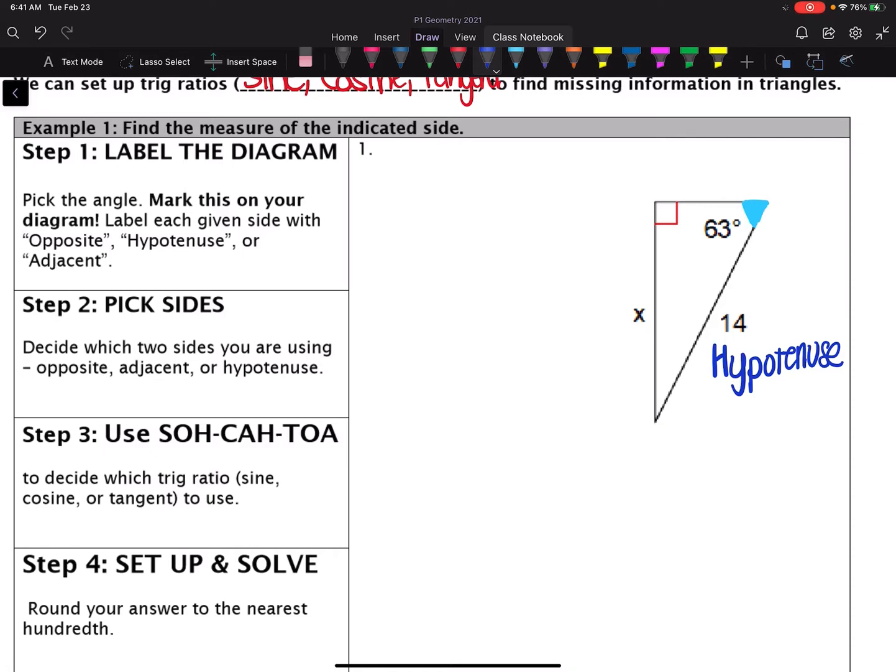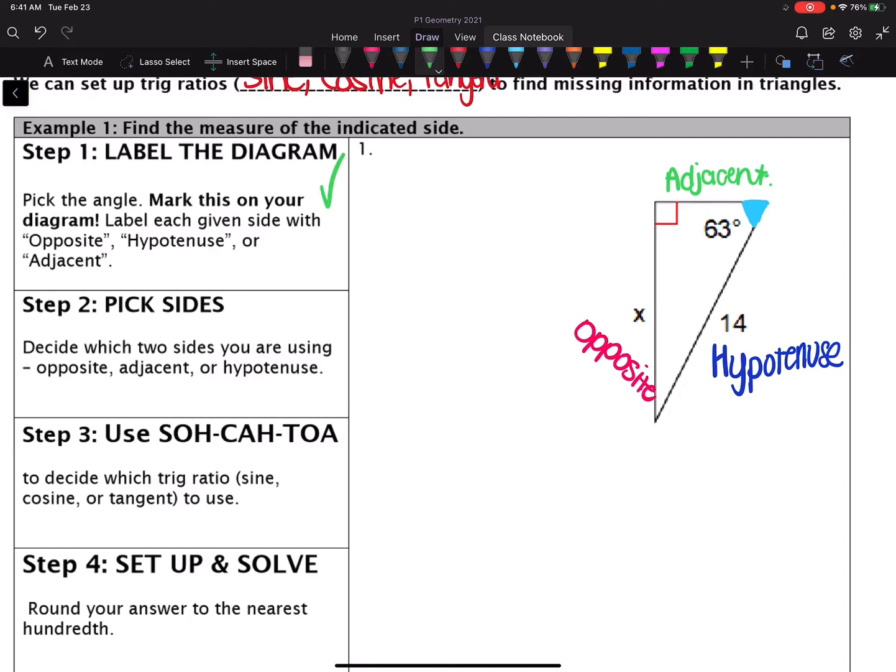So x is the opposite of that 63-degree angle, so we know that our x side is the opposite side here. Lastly, we've got our adjacent side. That doesn't give us any information, but we can still mark it off or label our diagram. So step one is complete.